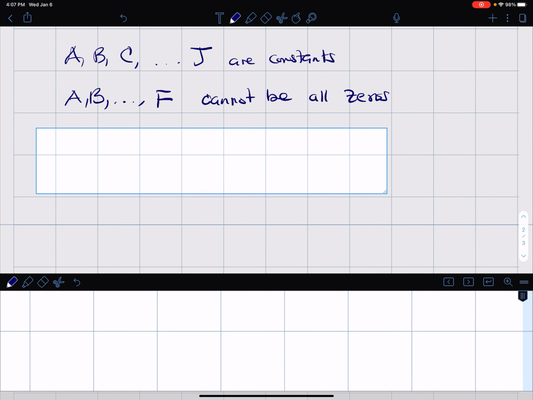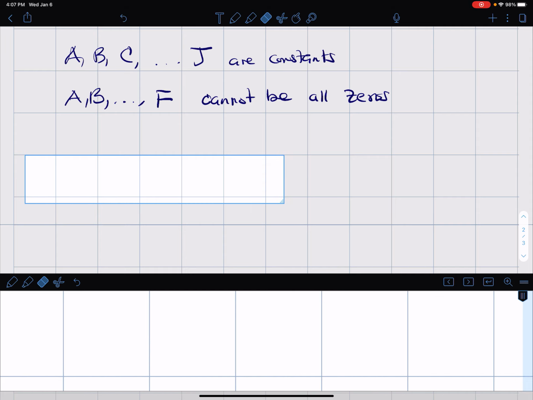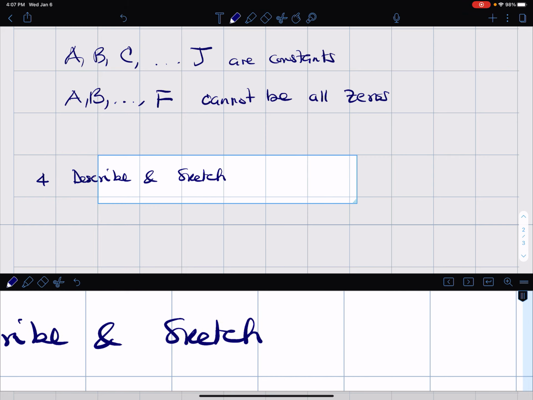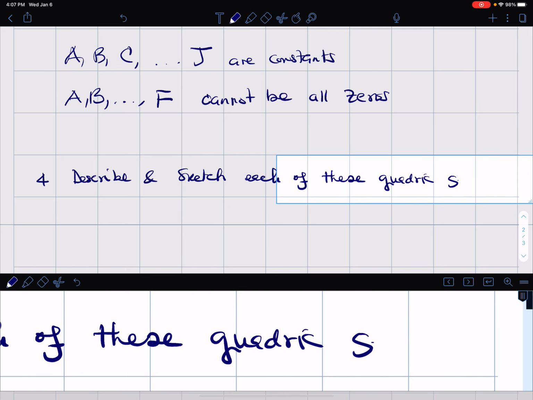Now, I'm going to write an example, and I want you to think about it. Let's call this example 4. Describe and sketch each of these quadric surfaces.